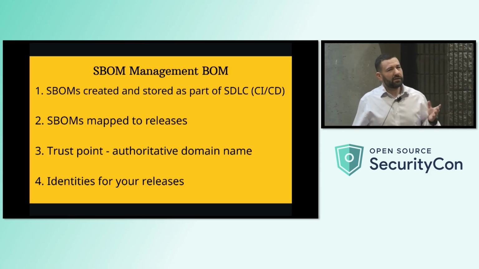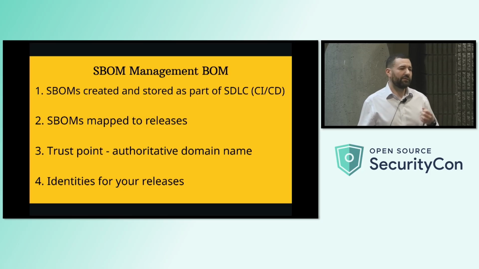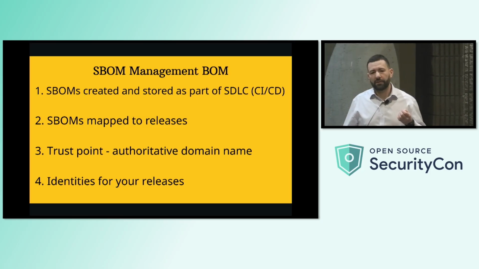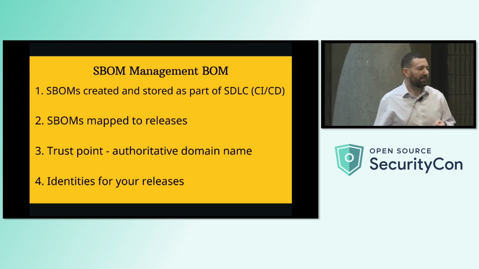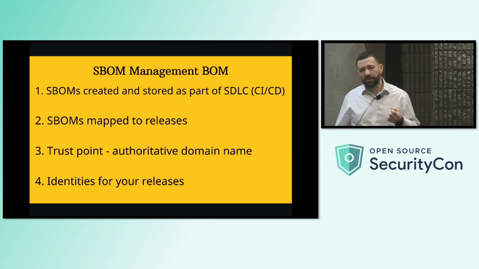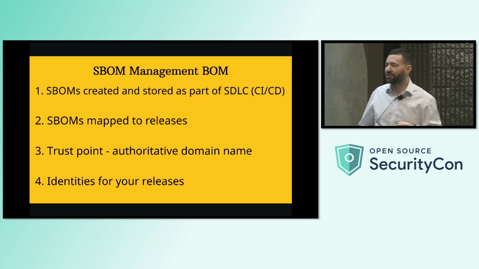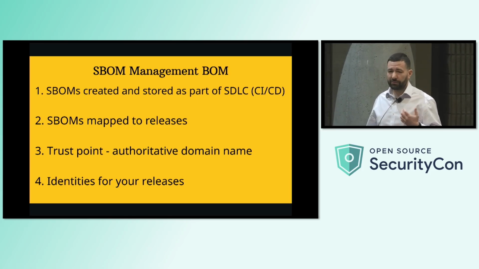I try to make this talk from the manufacturer perspective. If you're a manufacturer building software or hardware devices like Internet of Things, then what do you actually need to manage your bills of materials? I call it BOM because I like the word, but essentially this is a list of ingredients that you need. First of all, you need to produce your SBOMs on a regular basis.